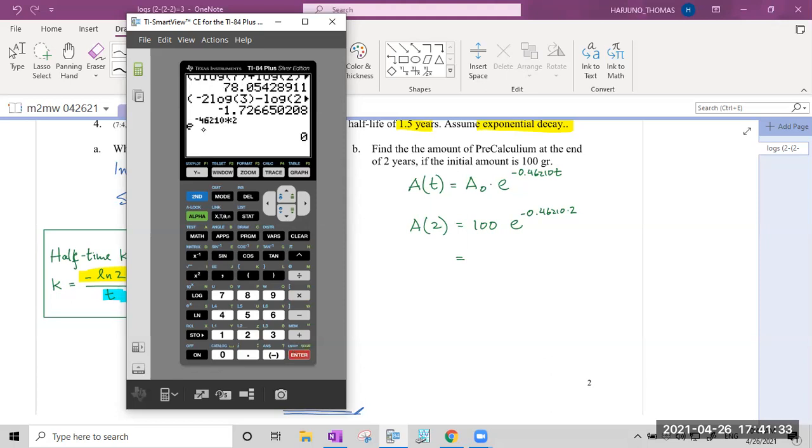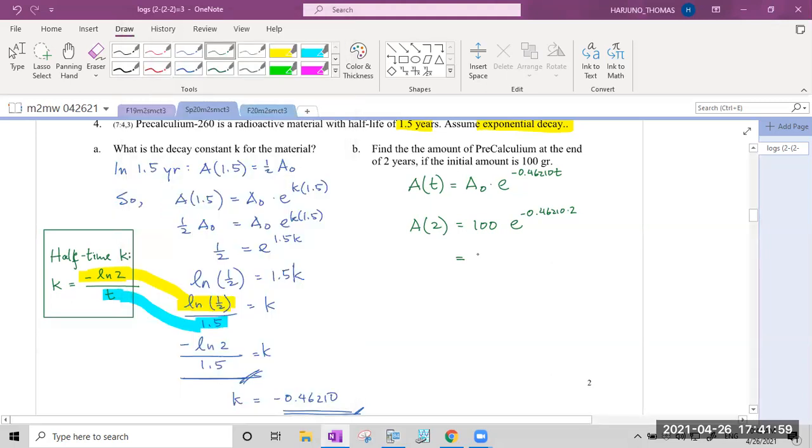Oh, I'm sorry, I forgot the 0 point. Then multiply by 100. I get 39.68488 grams.